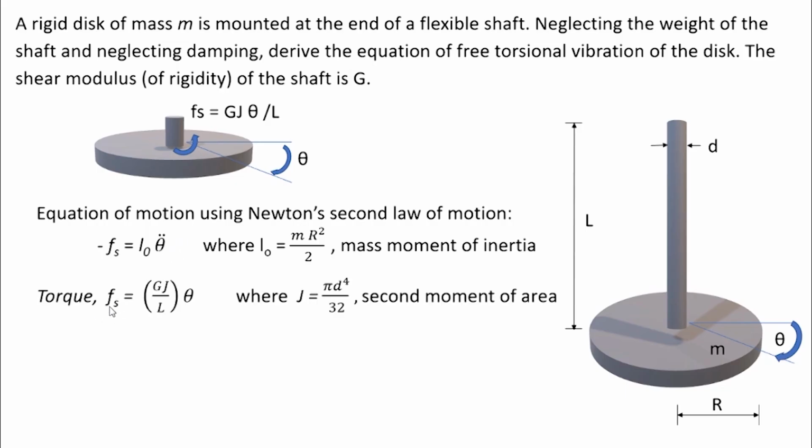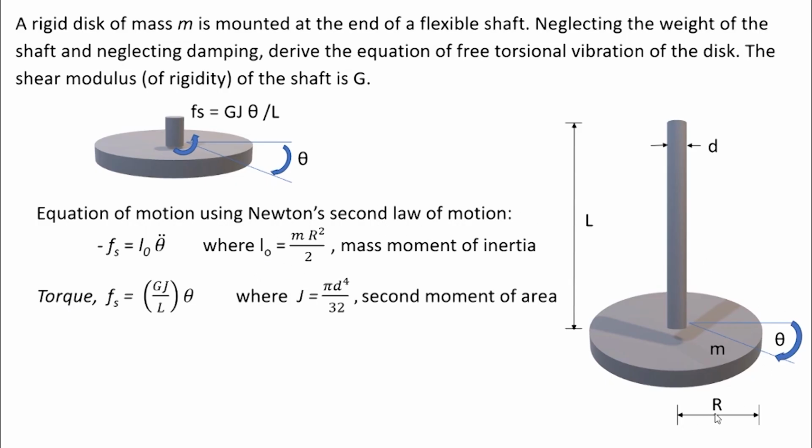So now let's see what is the value of this torque. So the torque Fs is equal to GJ by L, that is the torsional stiffness of this shaft, multiplied by the angular displacement, that is theta. J is the second moment of area, and for this shaft it is equal to pi d to the power 4 by 32. D is the diameter of this shaft. So now we can calculate this torque and the mass moment of inertia.